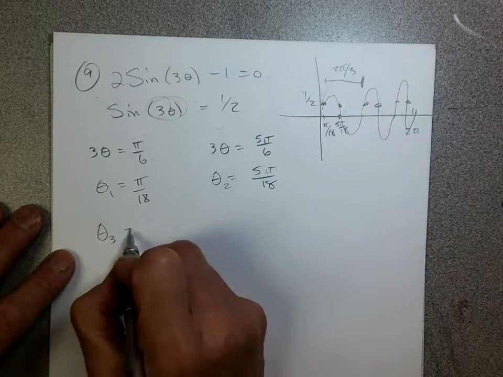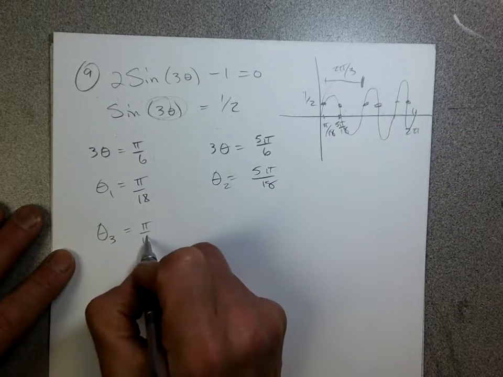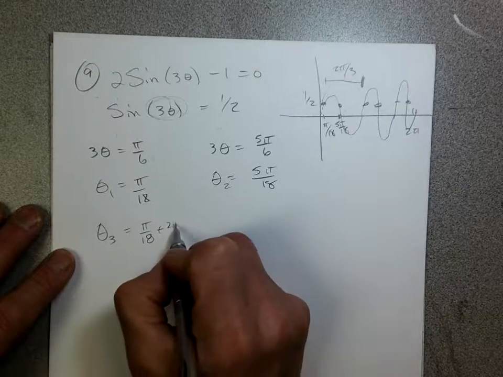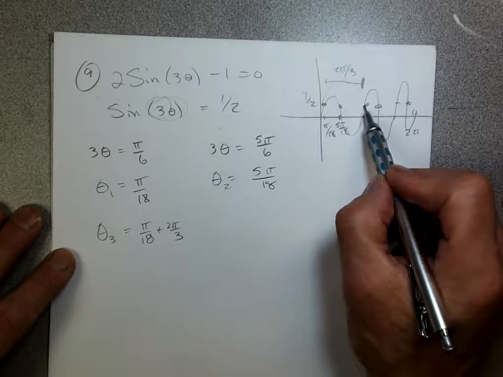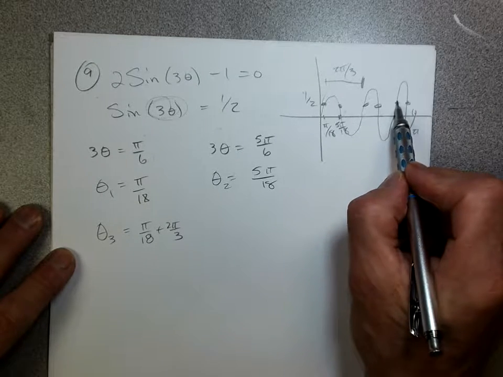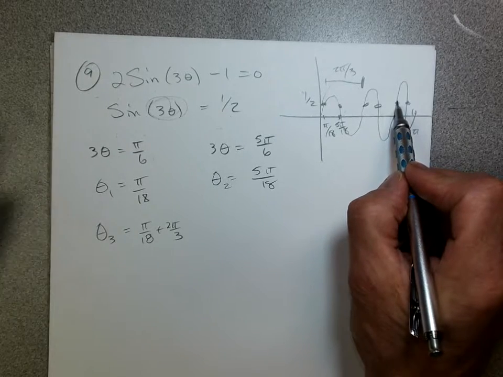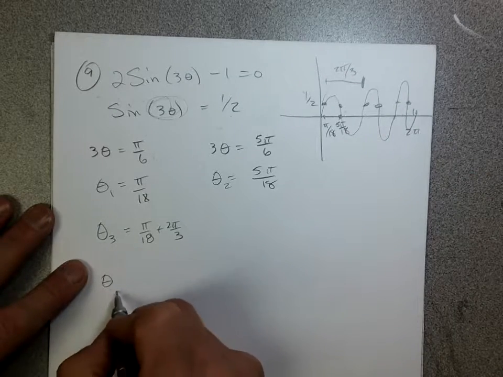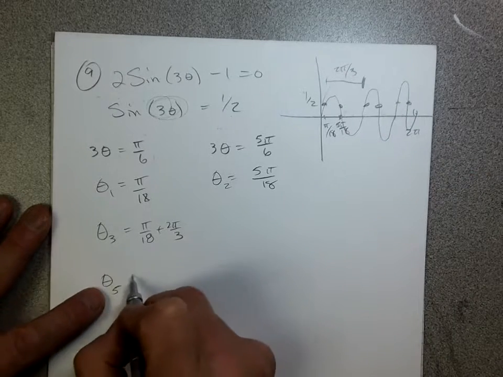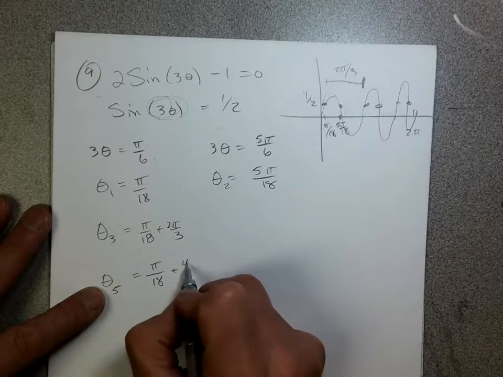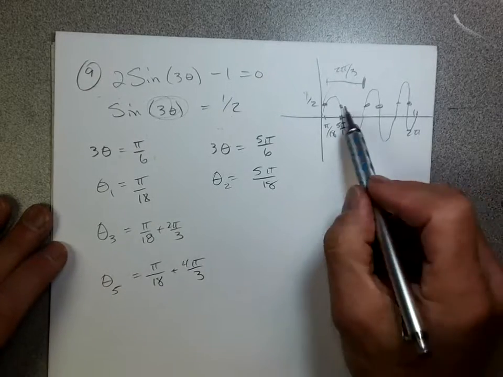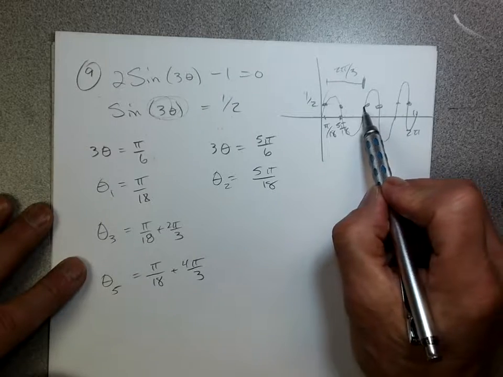So theta 3 is going to be my pi 18ths plus 2 pi thirds. And if I needed another angle, I jump another 2 pi thirds, which is like going 4 pi thirds. So I say theta 5 is like pi 18ths plus 4 pi thirds, because that takes me to there.